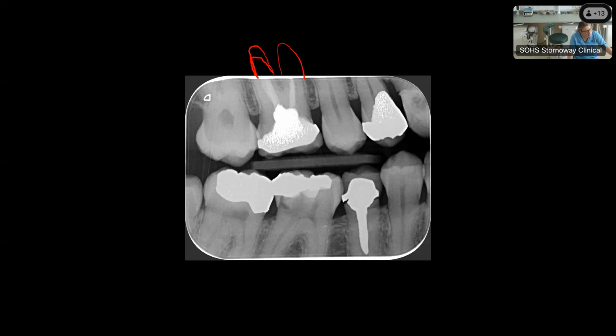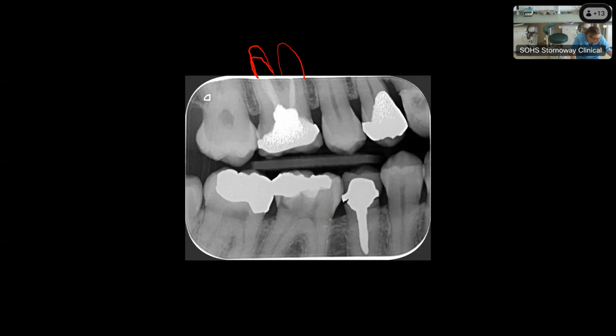Now, normal is a tricky one to say, and that's something that I perhaps would have said until very recently. But normal is 0. And I don't know if I would say that there is 0% bone loss there. I think we have some crestal loss, particularly on the lower.